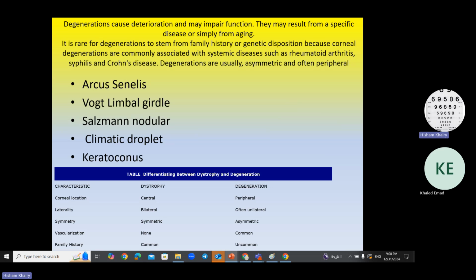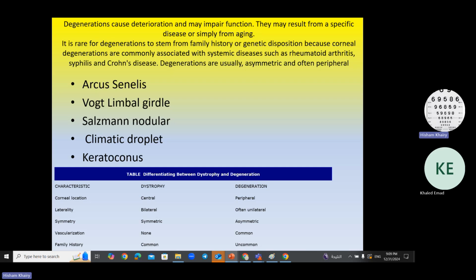They're usually asymmetric. The right eye is not like the left eye, and often peripheral, while dystrophies may involve the central cornea.